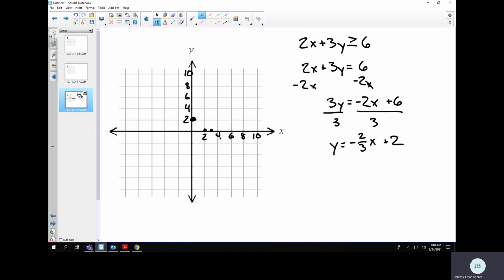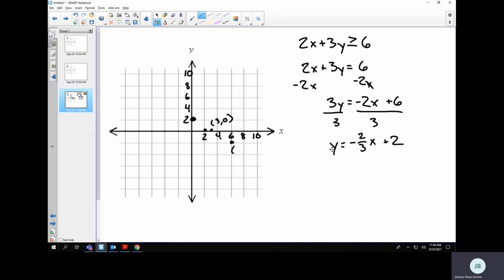So it'll go through the point 3, 0. It'll go through the point 6, negative 2.